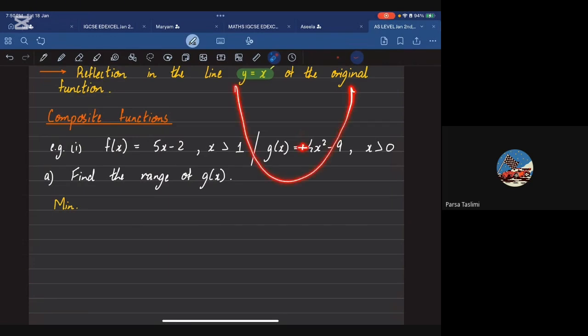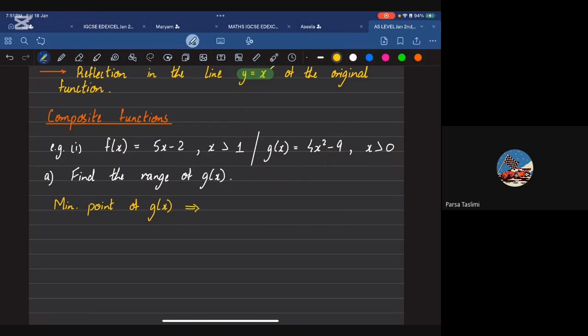Because the coefficient of x squared is positive. If the graph is opening upwards, the turning point is going to be at the bottom, and hence it is going to be the minimum point of g of x.